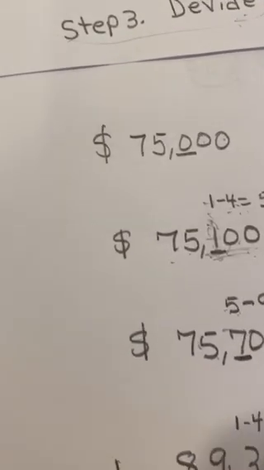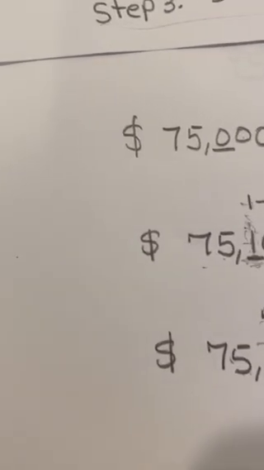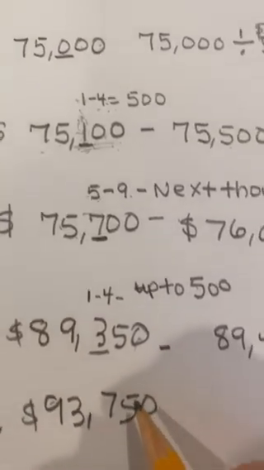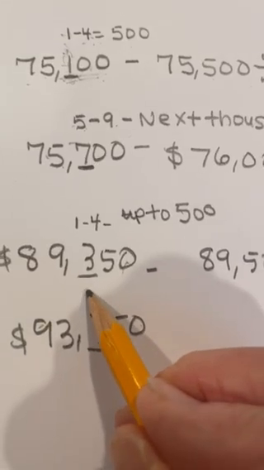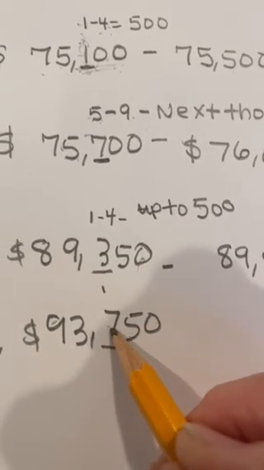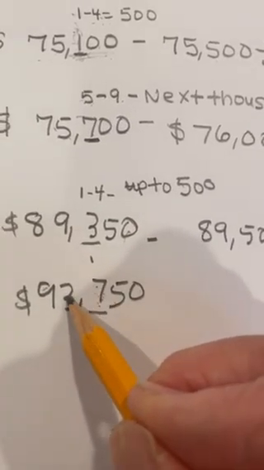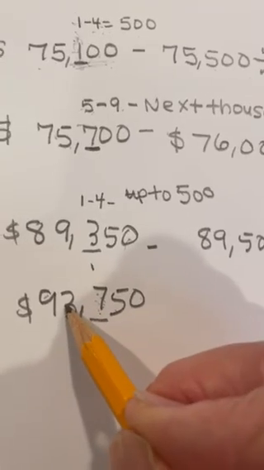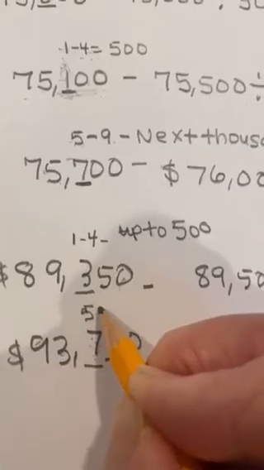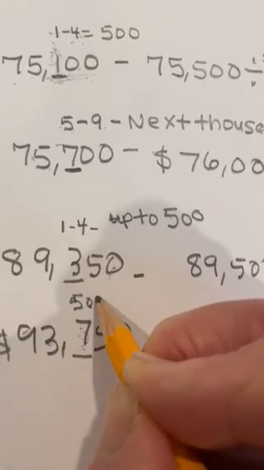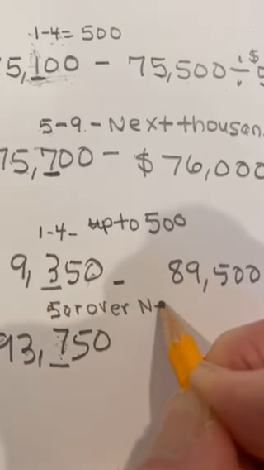Now let's do another number out of our problem that's on the page. 93,700. Okay, now you find the 100 spot, units, tens, 100, you underline it. We know if this number is 5 or over, and it's over 5, you go up to the next 1,000. So 5 or over, next 1,000.